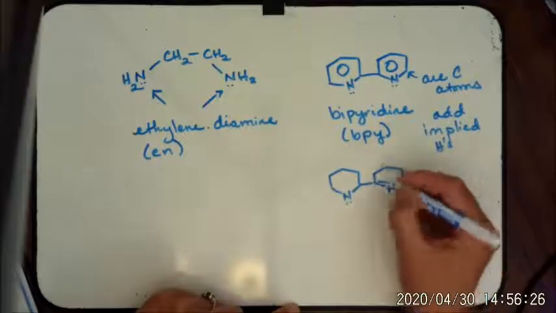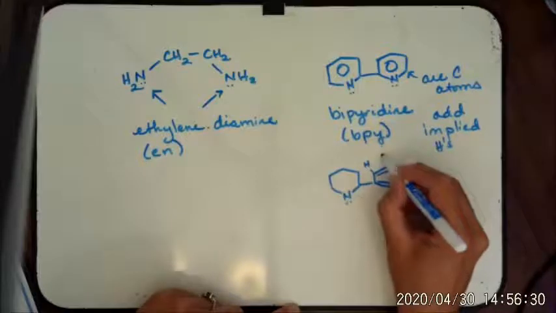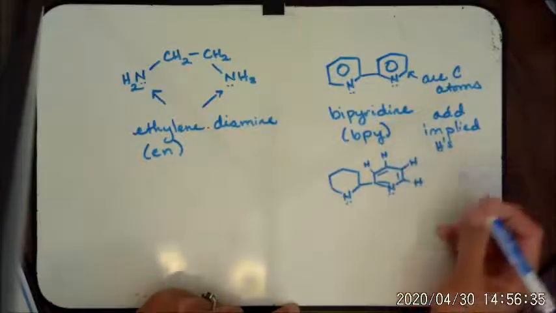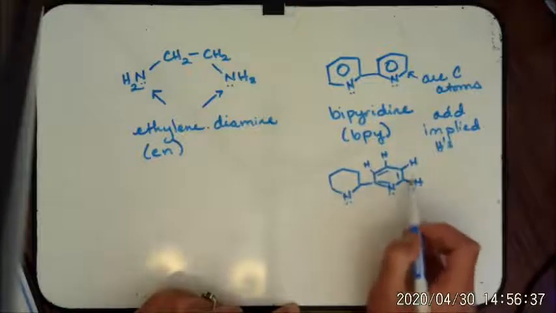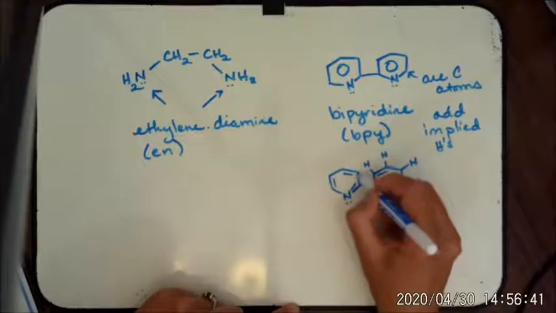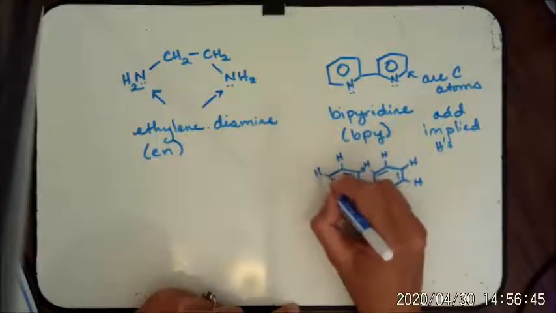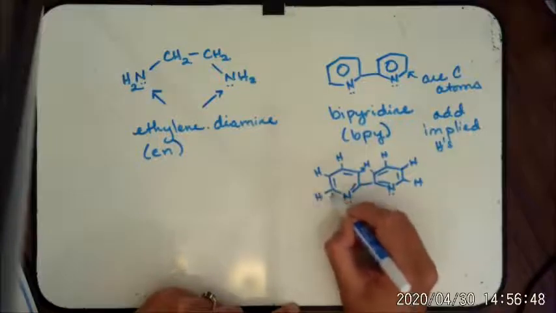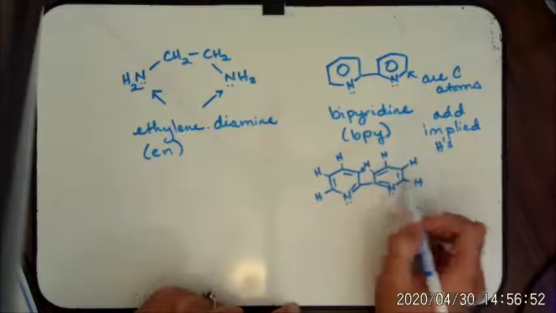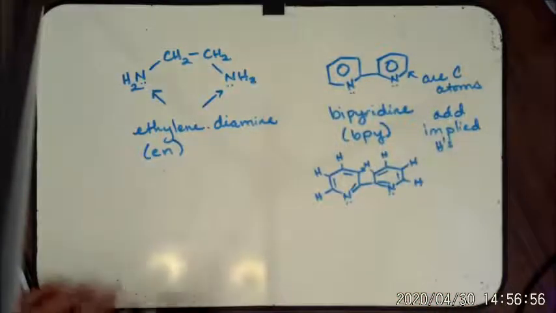This one has 4 bonds. This carbon actually has a hydrogen to it. Okay, so we're implying the hydrogens when we draw this. We're not explicitly drawing it out. You can see it gets a little more messy. And I'm not even explicitly drawing out the carbons. Okay, so these are carbons. That's a carbon. And then you can see the number of hydrogens that go around the ring. So this is basically BPY, bipyridine.